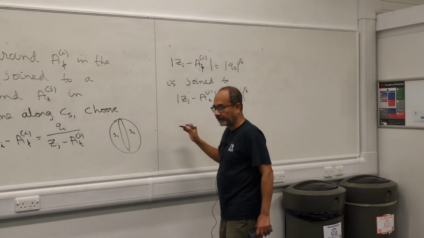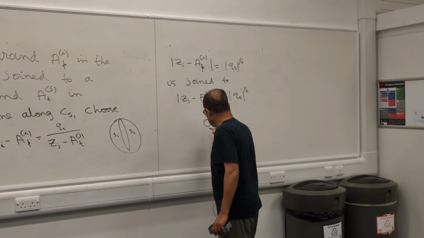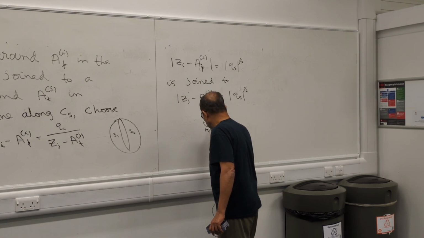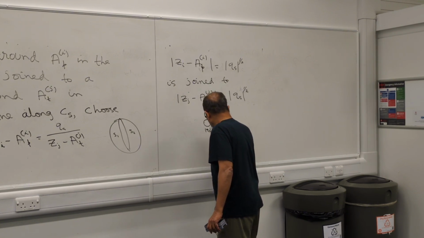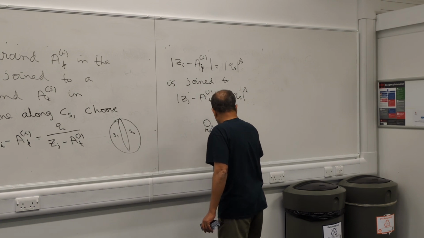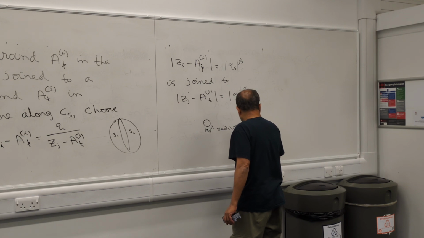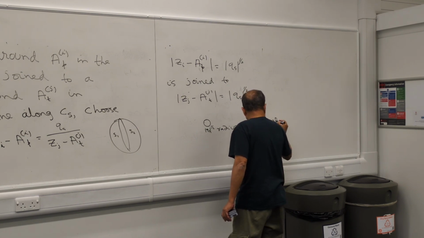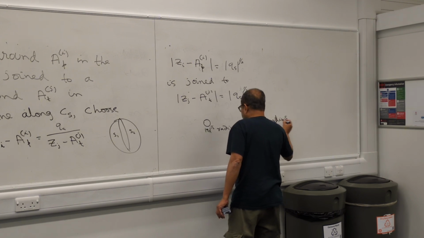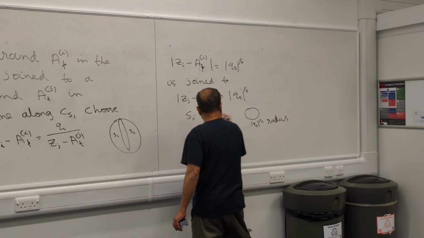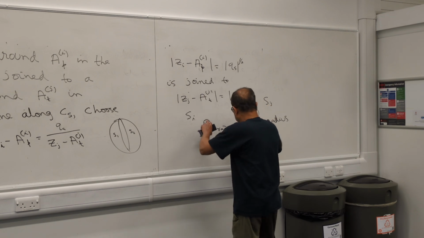So on the first sphere there is a circle of radius mod QS to the half, and on the second sphere also you have a mod QS to the half radius. This circle is on Si, this circle is on Sj, and these two are glued.